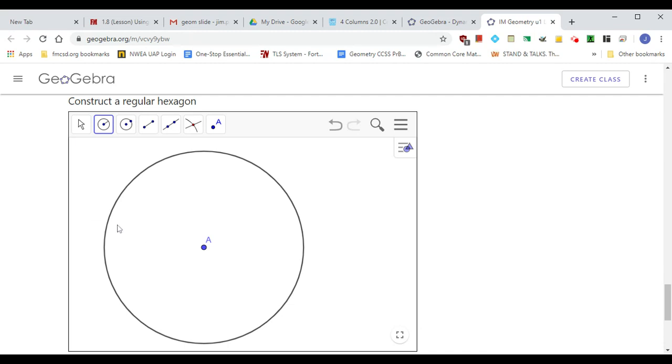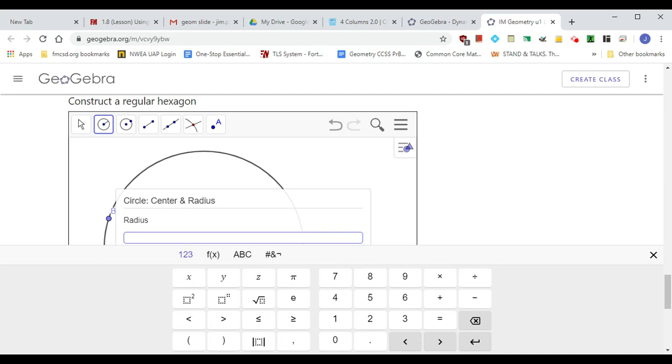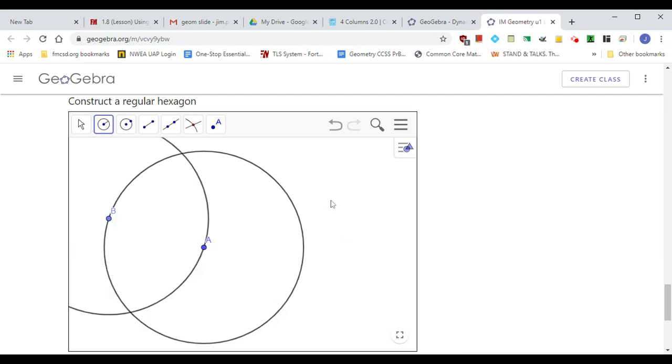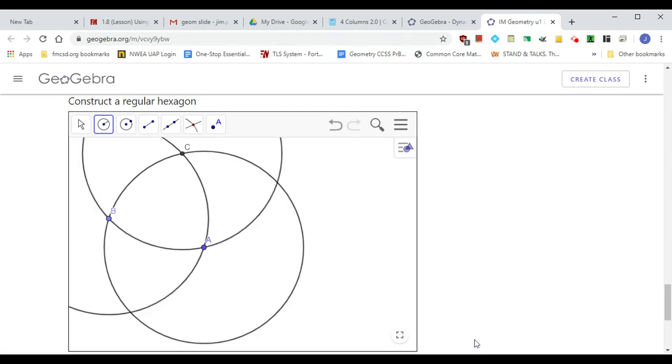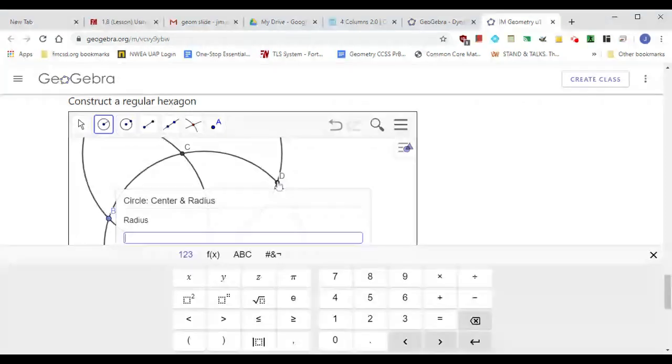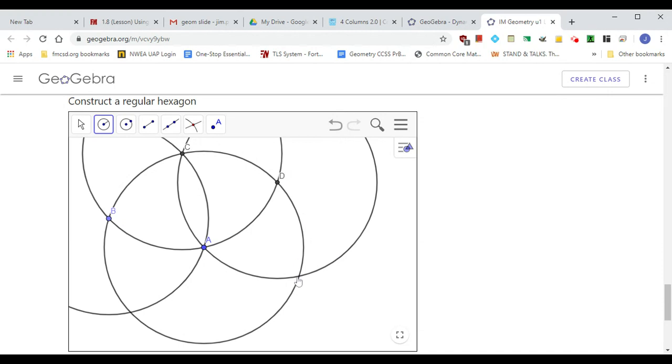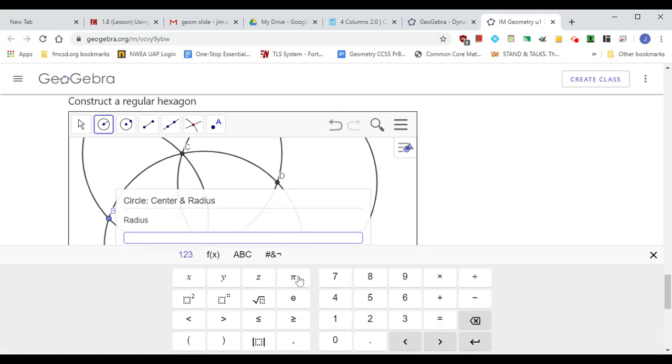So there's my first radius of 4, and I just pick a point on the circle, and I'm going to make a circle from there that has a radius of 4. Where that hits, I'm going to make another circle with a radius of 4. And where that hits, I'm going to make another circle with a radius of 4. Because I started with a radius of 4, all of them are 4. One more.